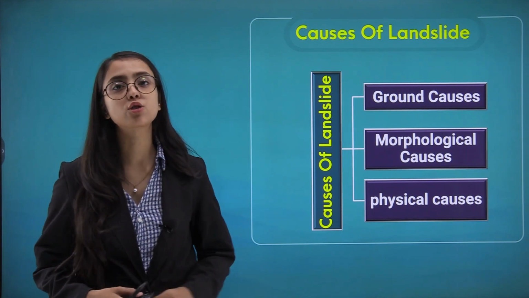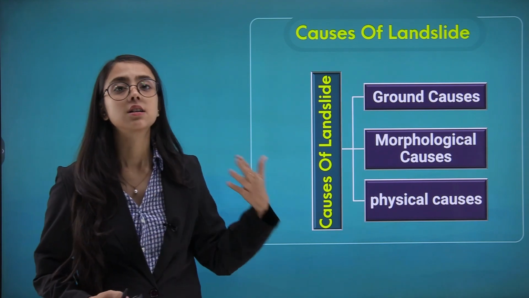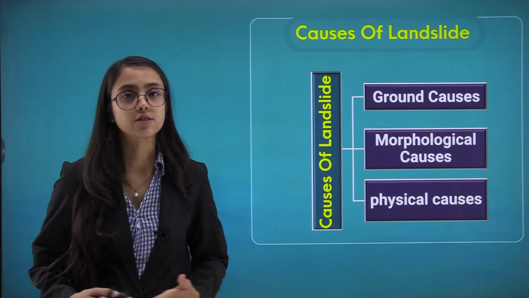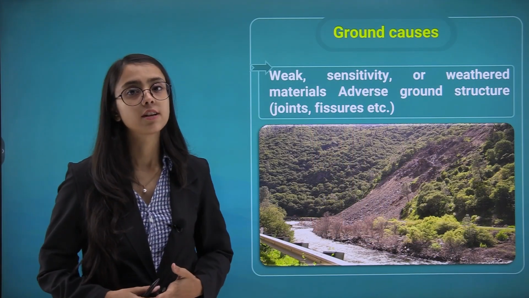So, the three major causes of landslides are ground causes which occur on the ground level, the morphological causes and the physical causes. Now, what are the ground causes of landslides?